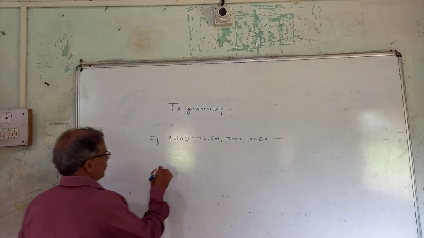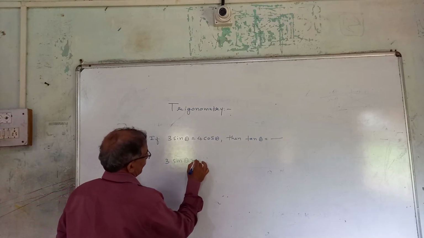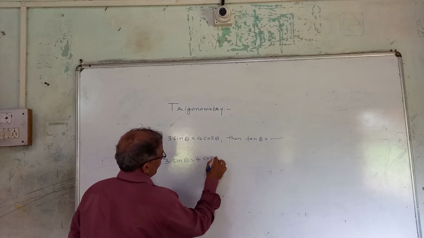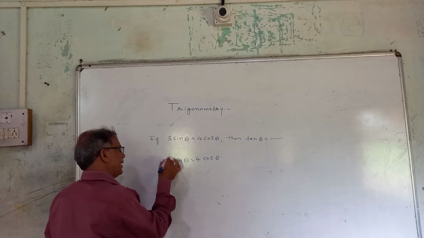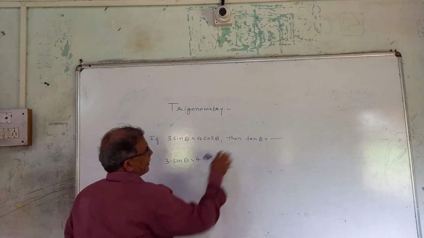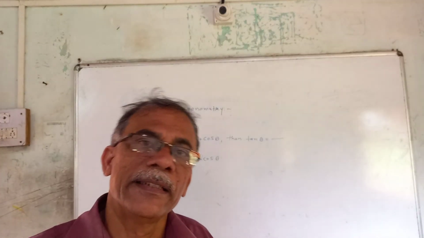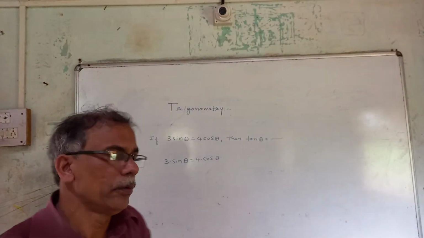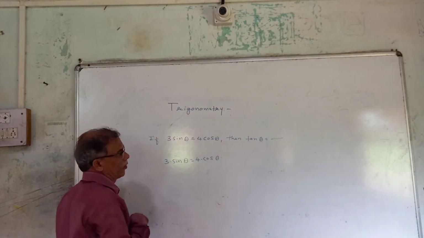Now what you have to do? 3 sin theta is equal to 4 cos theta. Isn't it? 3 sin theta means 3 into sin theta. And we want tan theta. So if sin and cos are known, what is the formula for tan? Sin upon cos. So here we have to rearrange the ratios so that we get sin upon cos.